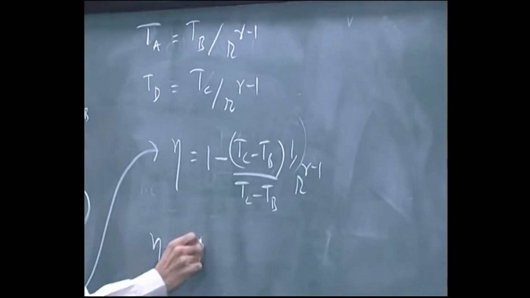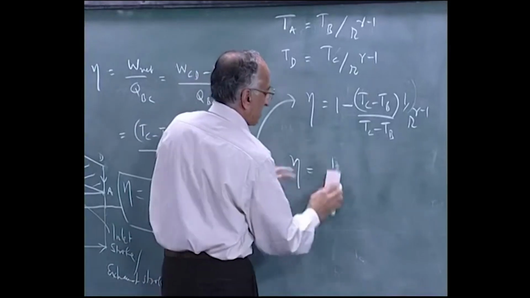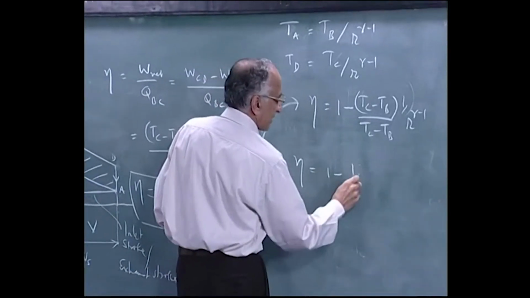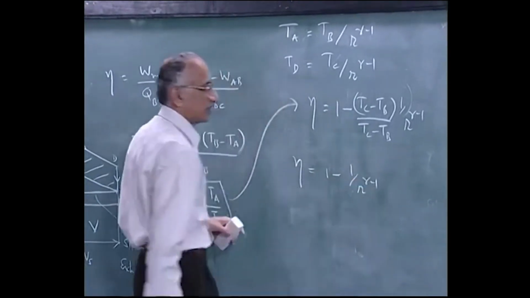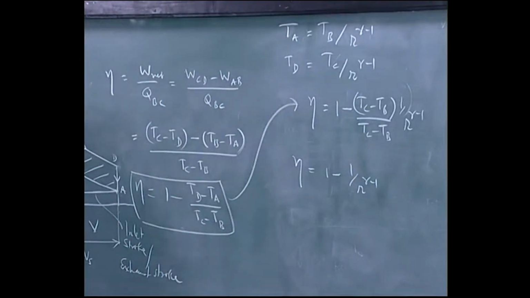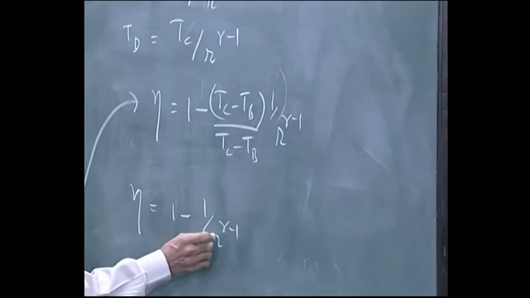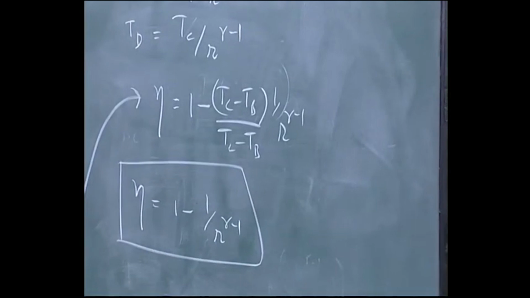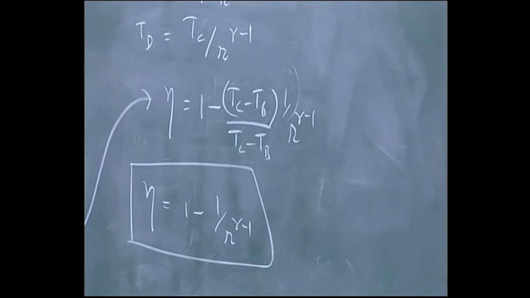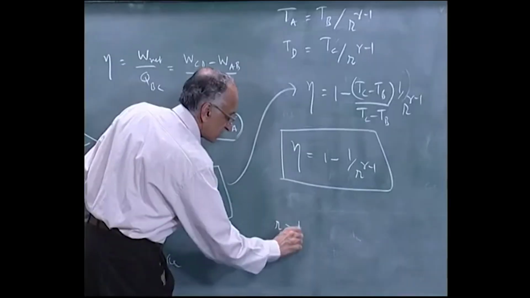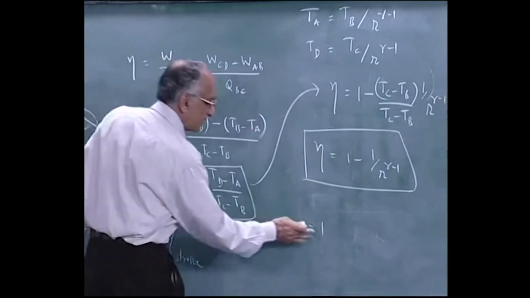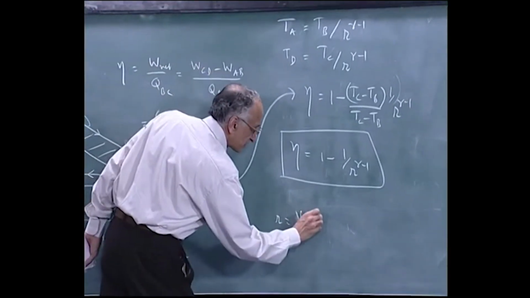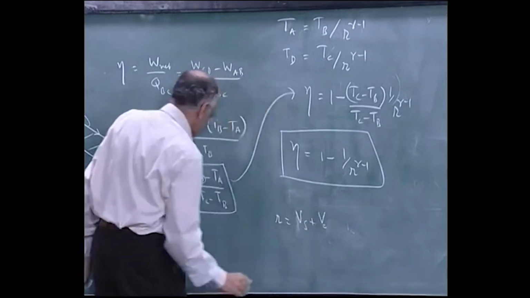So you have efficiency equal to 1 minus 1 by r to the power gamma minus 1. r is what you have control over, because you are building this. So your r is actually Vs plus Vc, this is stroke volume, this is clearance volume.